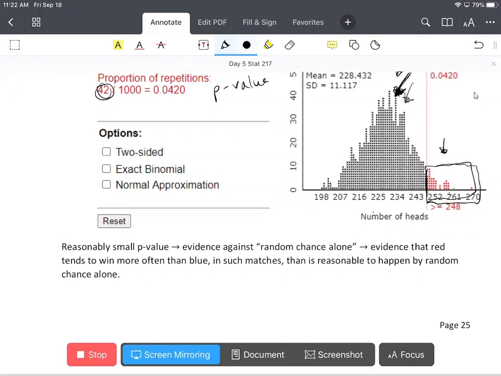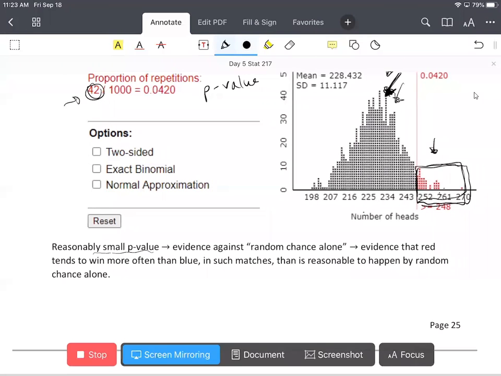Sorry, my screen went blank and I panicked there for a moment. The applet does this calculation for you automatically. When you have a reasonably small p-value, there's evidence against it being just random, because our null hypothesis says it's just random chance that it's happening. We have evidence that red tends to win more often than blue in such matches than is reasonable to happen by random chance alone.